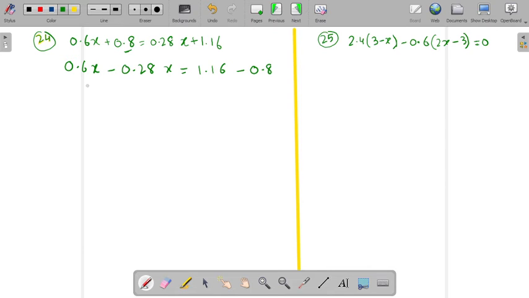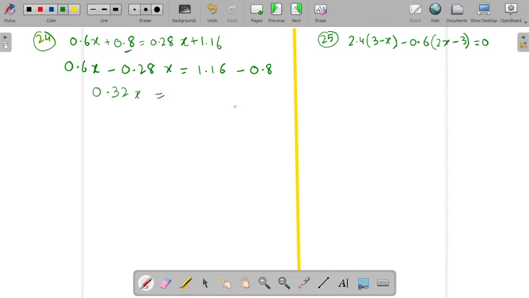0.6 minus 0.28. 0.6 minus 0.28. What should it be? It will be 0.32x. Okay, this is the bigger number, so it will be plus sign.